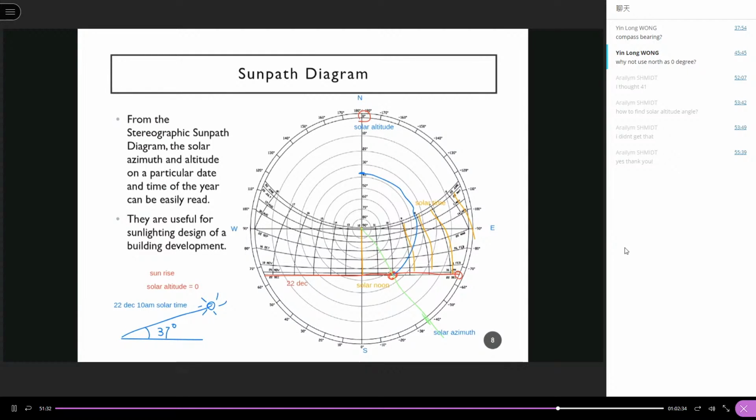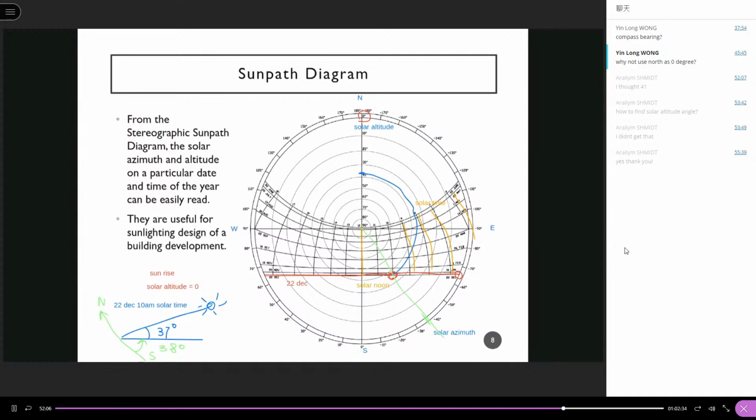Maybe around 38. Let's say this is the south direction. We have south, we have north, and then this angle will be about 38 degree measured from the south.